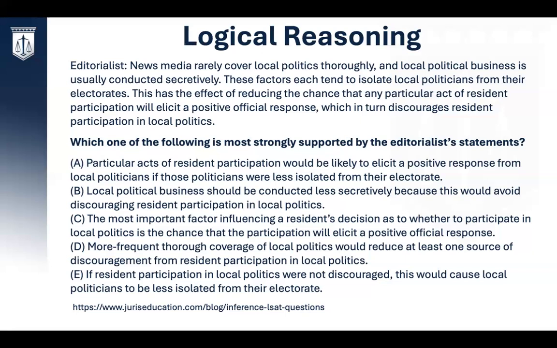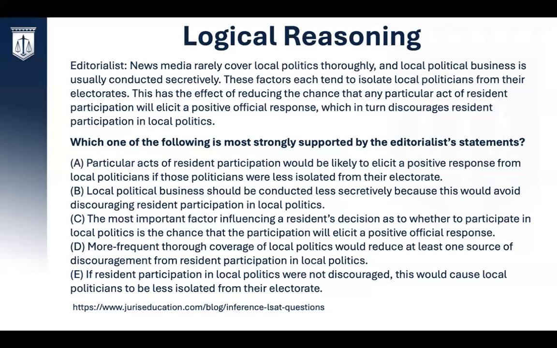What we're looking for is which one of these is most strongly supported by the editorialist's statements. Which one of these statements would the person agree with? But the editorialist isn't saying what should happen. They're saying what they're observing, right?